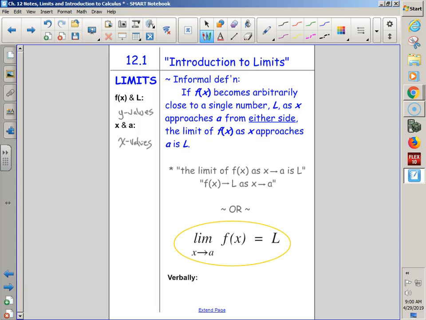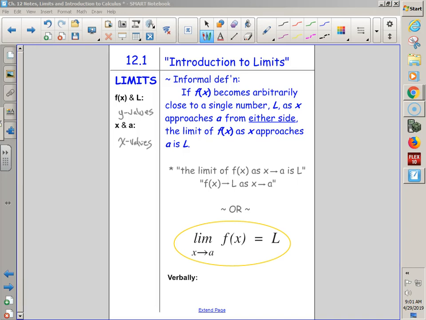But if you take this paragraph and come down, hold on, is this something new? Or is this just a summary of that? The limit of f of x as x approaches a is L. Oh, they just put an arrow instead of "approaches."